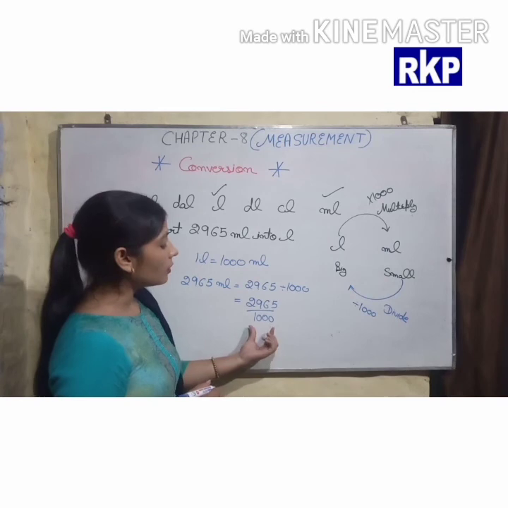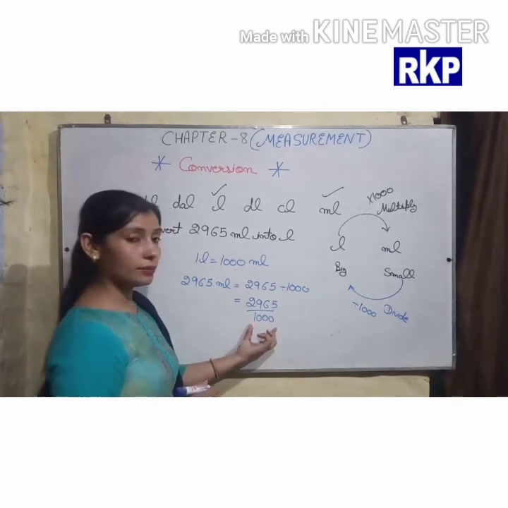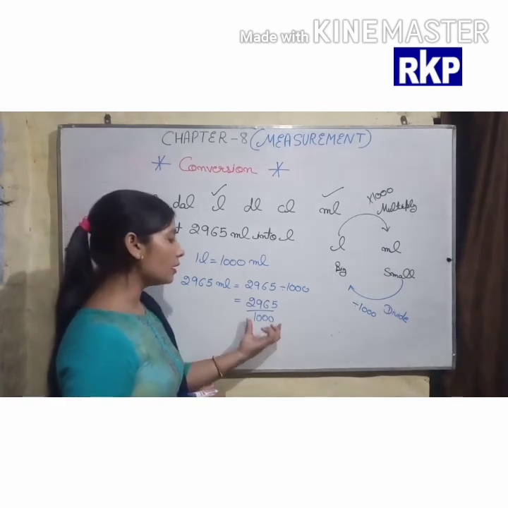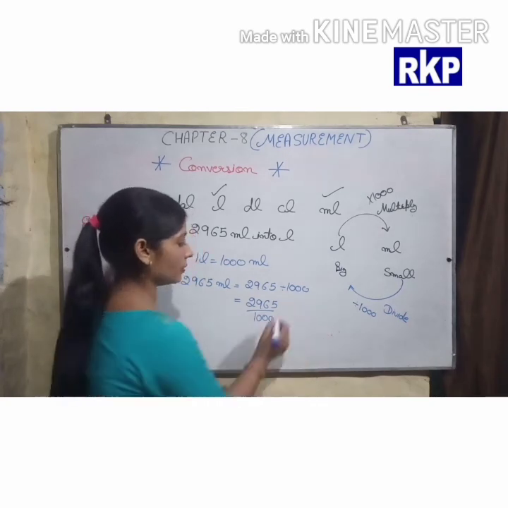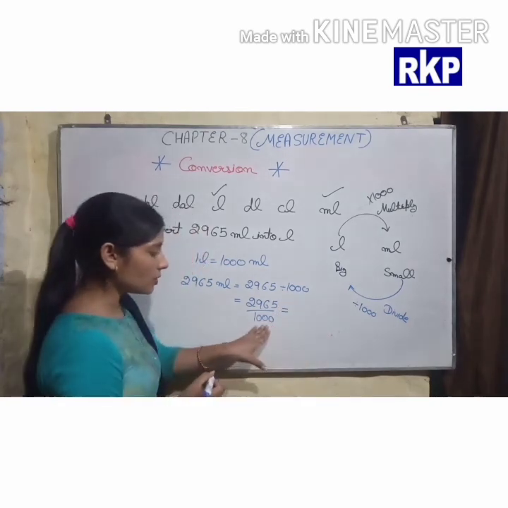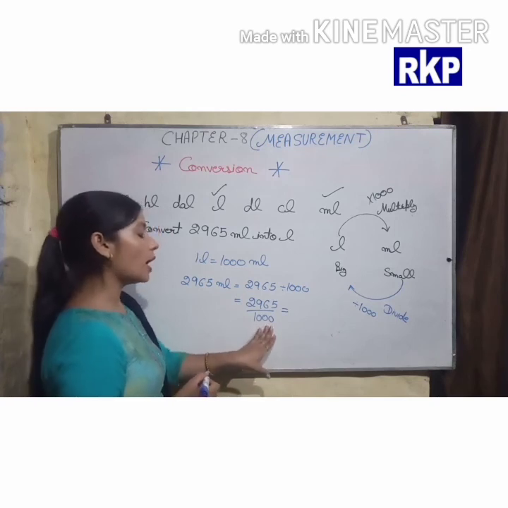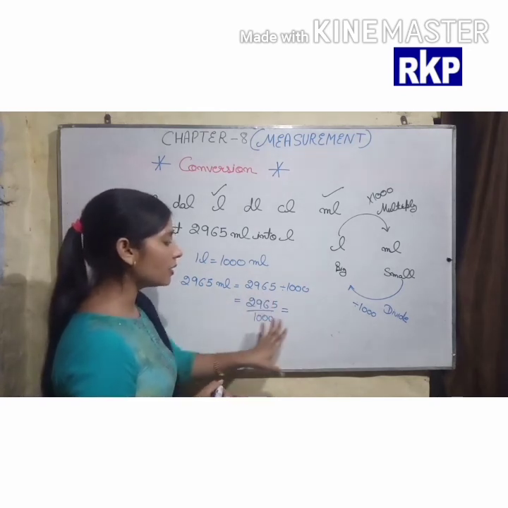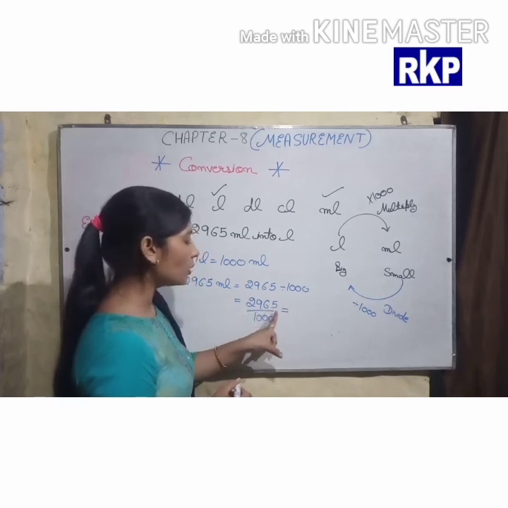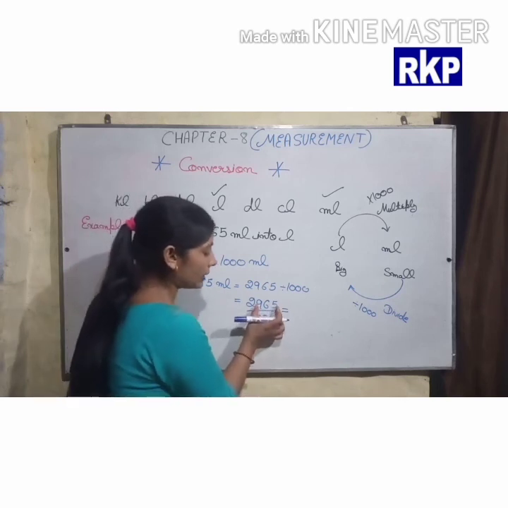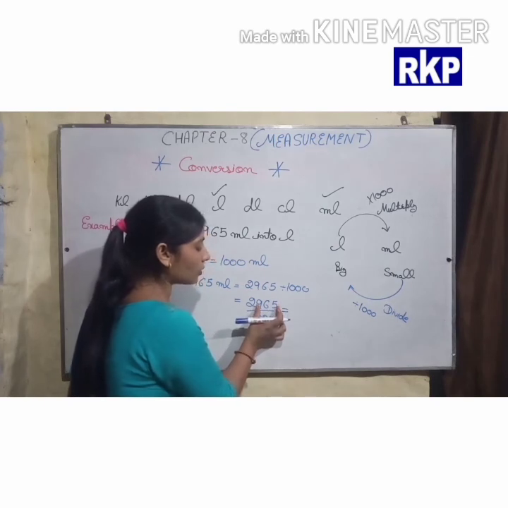Okay. With denominator 1000, and now we can convert this fraction into decimal number very easily. Here we have 3 zeros. Okay. So how can we convert this fraction into decimal? We have to leave 3 digits from right side, and then we put the point.